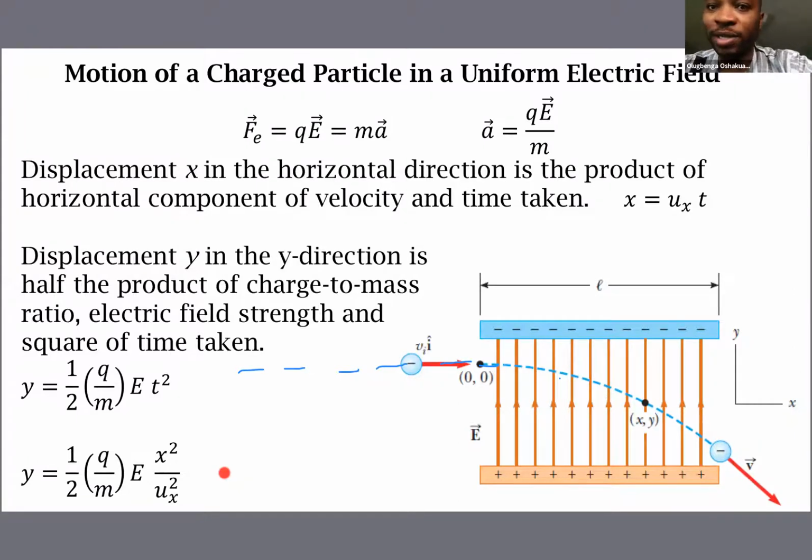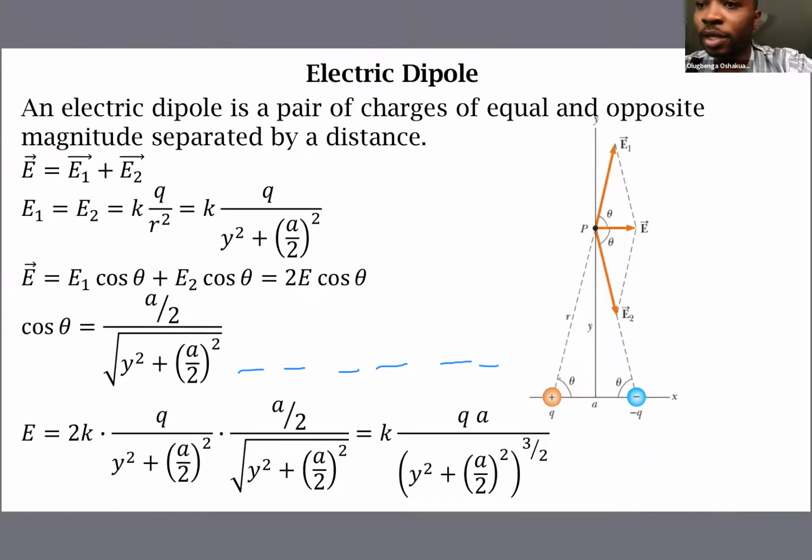So let's move forward. Let's talk briefly about electric dipoles. When we talk about electric dipoles, we mean a pair of charges that are equal in magnitude, but their charges are opposite.